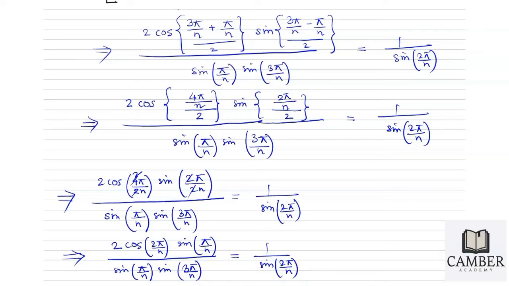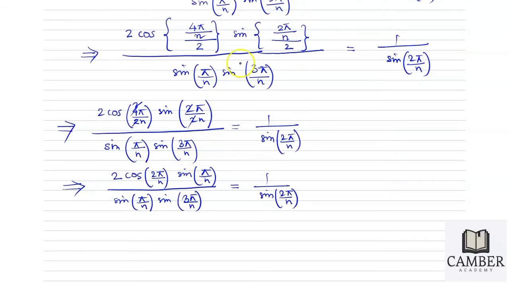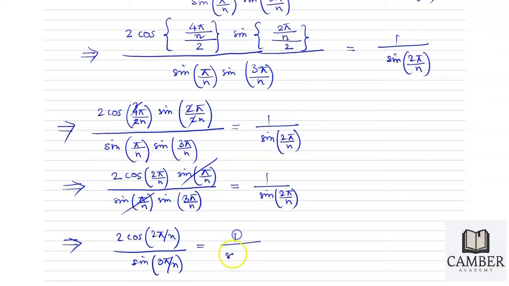Now you can clearly see that sine pi by n and sine pi by n get cancelled out from numerator and denominator. So what you have is 2 cos 2 pi by n divided by sine 3 pi by n, which is equal to 1 by sine 2 pi by n.